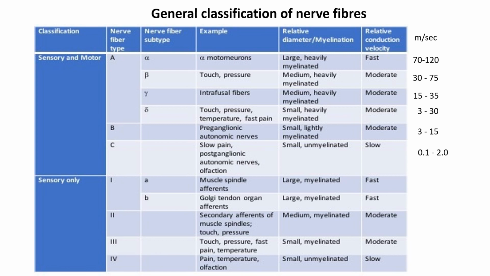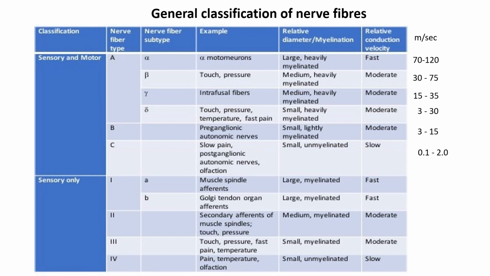You have the sensory and motor nerves, which are divided into A, and these are further subdivided into A alpha. You must have heard about the alpha motor neurons. They have the high conduction velocity, the fastest in fact, because they are large and heavily myelinated.